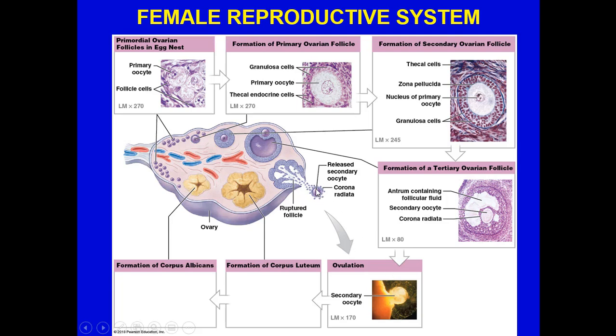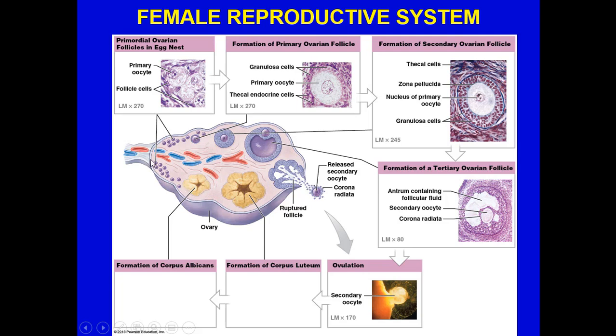The egg, the oocyte, with its corona radiata, they're going to be picked up by the fimbriae and go down into the uterine tubing. If you do not get fertilization, then what's going to happen is this tissue is going to basically begin to involute, and it's going to be replaced by basically scar tissue, okay?